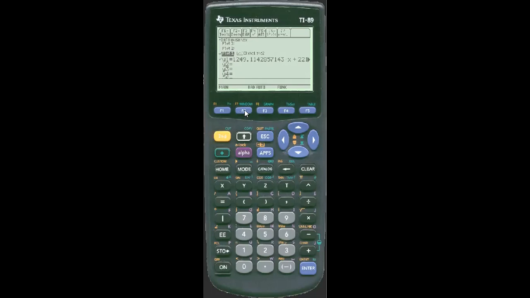And then press on zoom F2. There we have to select zoom data. I think it is on number 9. Let's see. See, here it is, number 9, zoom data.